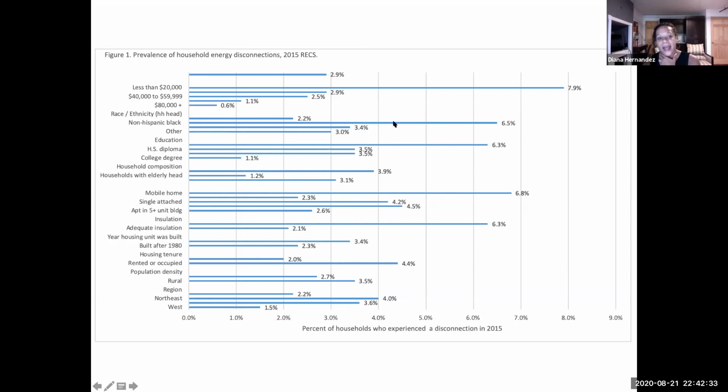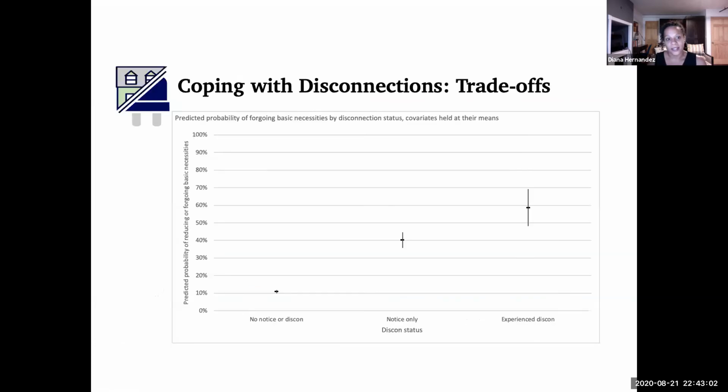And African Americans, low income, those with less than a high school diploma, people living in mobile homes, reporting inadequate insulation, people living in older homes, renters, those living in rural areas, and also living in the Northeast are more likely to have been disconnected, right? So those are the correlates of disconnections.